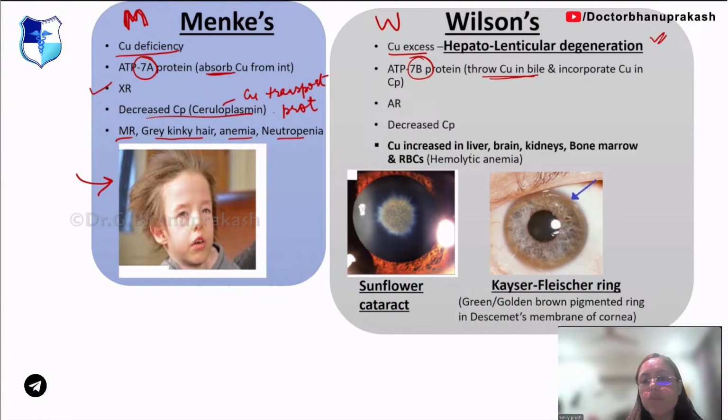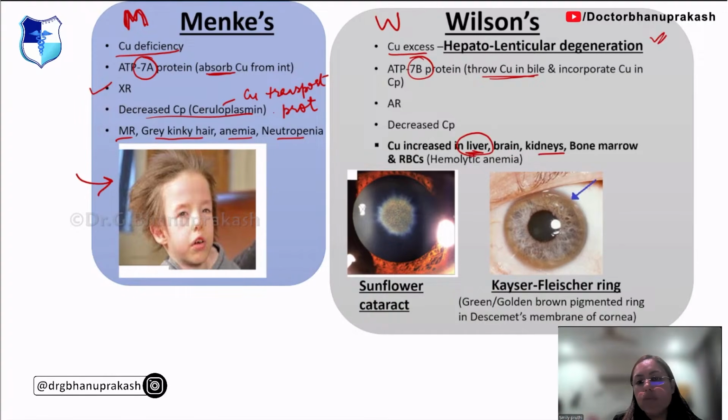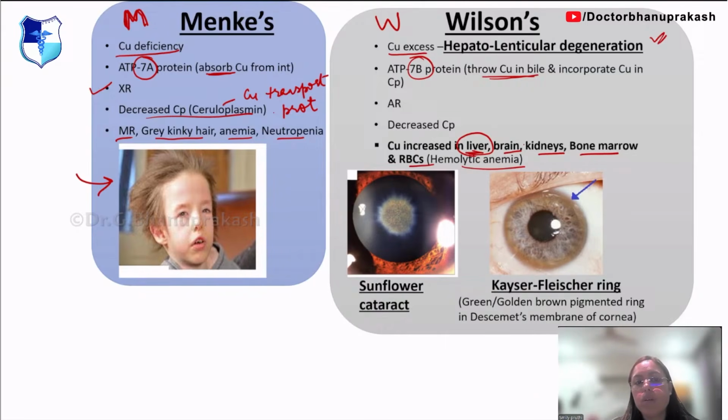It will first increase in the liver and damage the liver. Then there's so much excess, it will start going to the kidneys, bone marrow, brain, RBCs, damaging RBCs, leading to hemolytic anemia. So anemia occurs in Menkes disease also, and in Wilson also there's anemia, but it is hemolytic anemia.